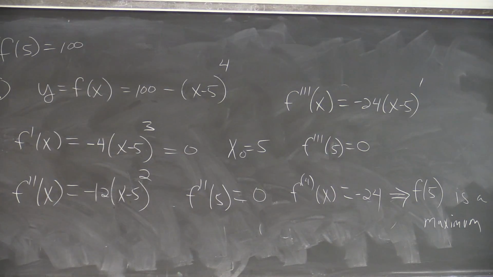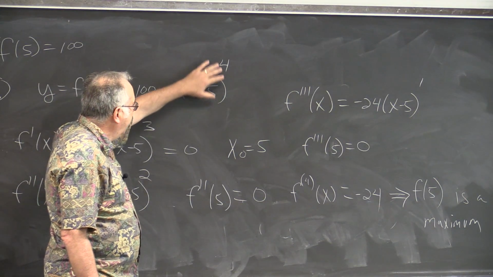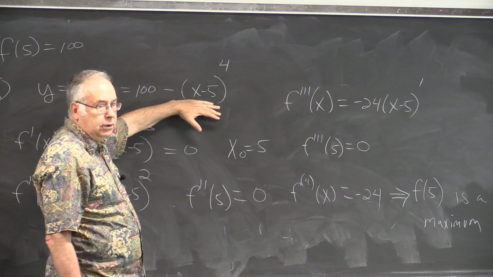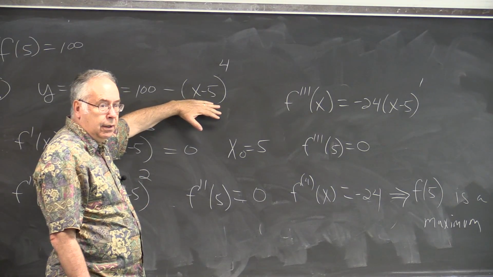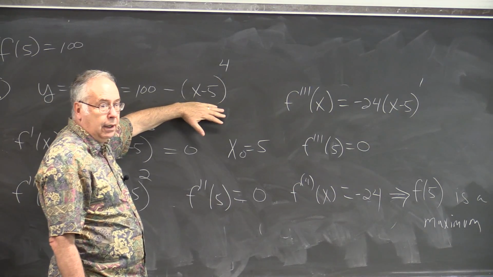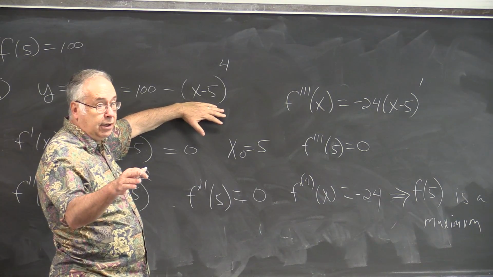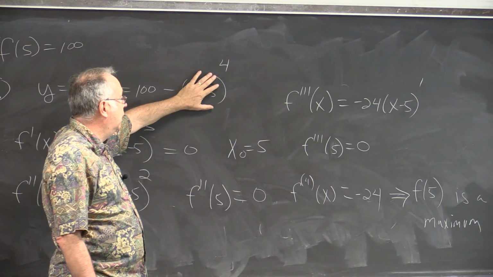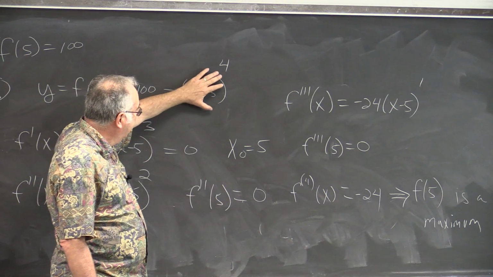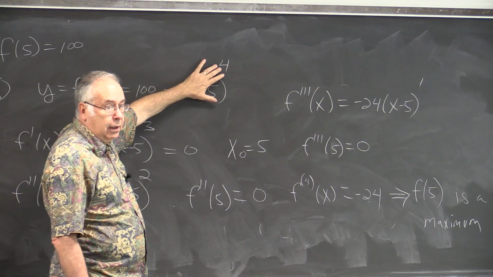Or put another way, what is x minus 5 raised to the fourth power always going to be? This term right here is always going to be what? Positive. Could be 0. At x equals 5, it's going to be 0. But at any value other than 5, this term is going to be positive because you're raising it to the fourth power.